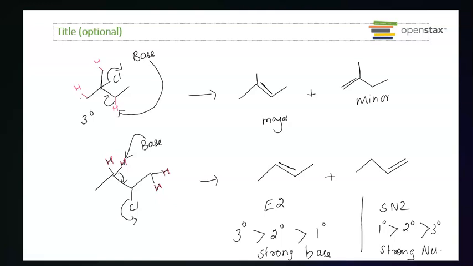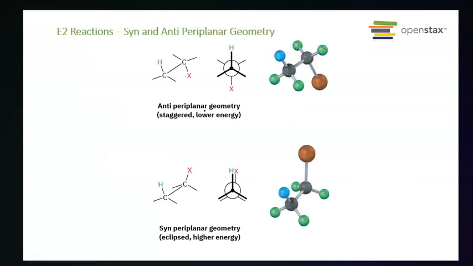All right. Another factor about E2 reactions is that the substrate should have anti-periplanar geometry with respect to the hydrogen and the leaving group.